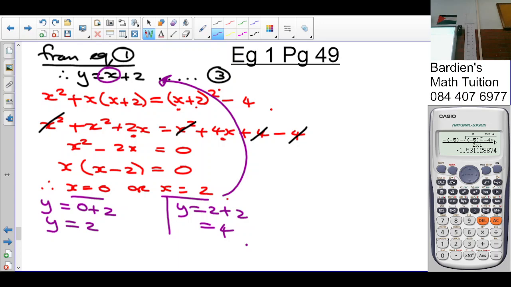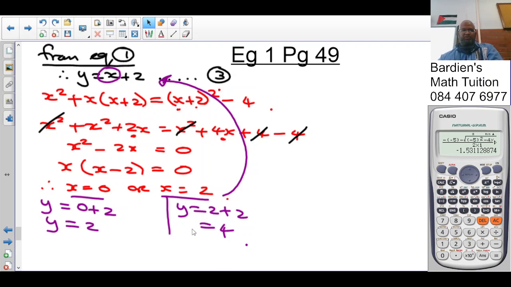Any confusion? Let's do one more before the bell rings, okay? 2x and 2y.